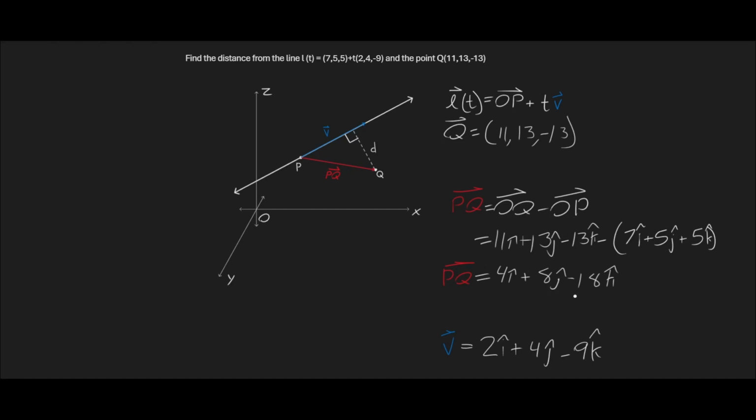And that's going to give us this vector here, 4i plus 8j minus 18k. And we have the vector v, which goes along the line, which is 2i plus 4j minus 9k. And so now we have to find the cross product to find the magnitude of the parallelogram that these vectors form.